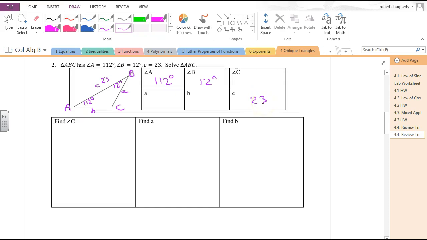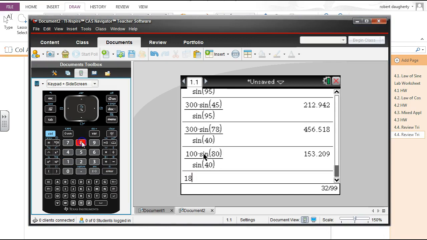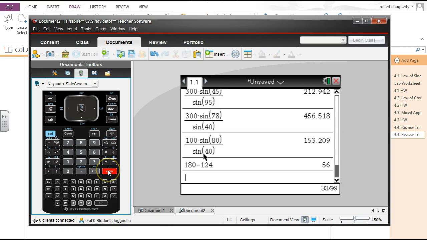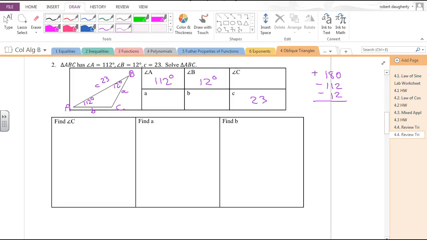Now remember, if you know 2 angles, you already know the third, because 180 minus 112 minus 12, so that's 180 minus 124, which is 56. So that tells me this angle is 56 degrees.